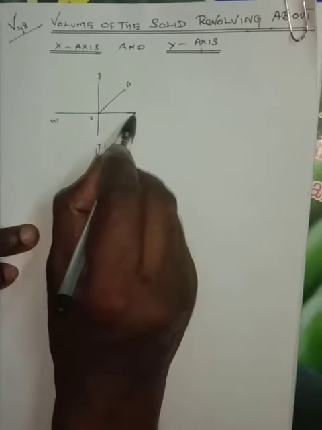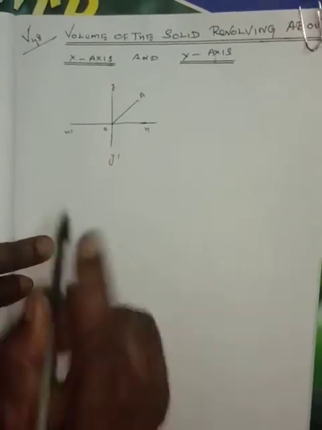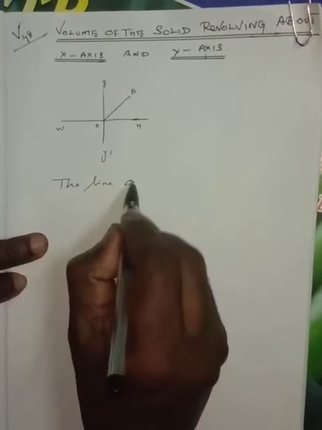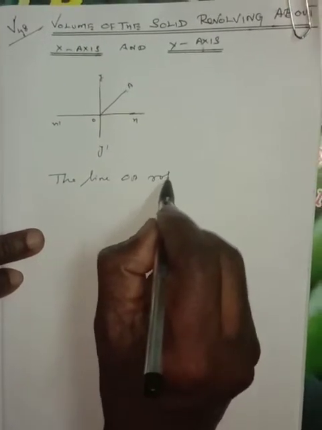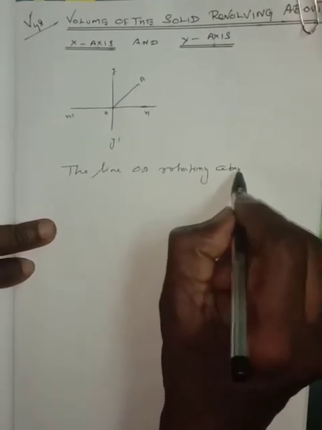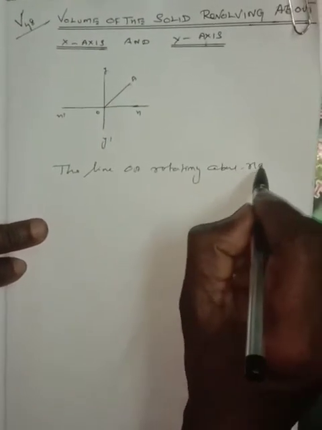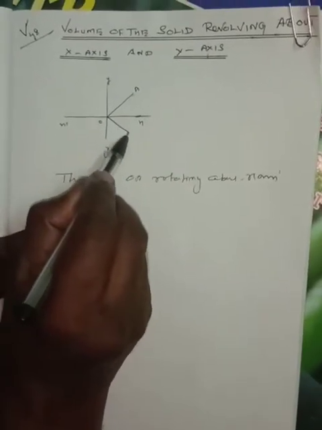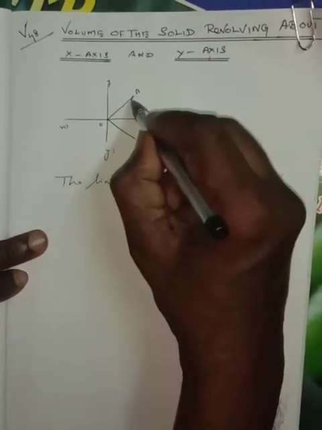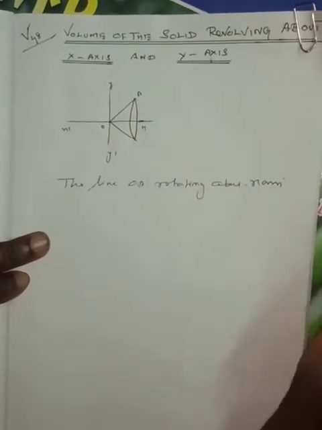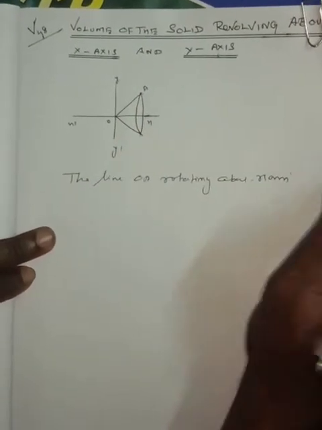The line OA rotating about x-axis, we get a cone.